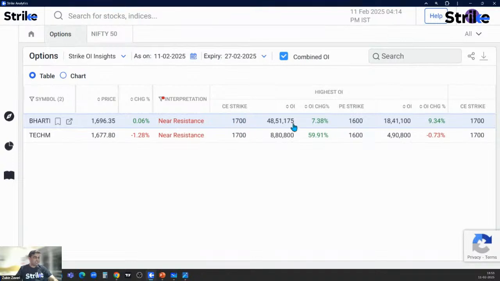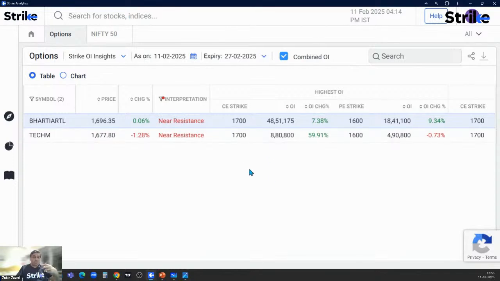Open interest today has changed on a higher side. So at the 1700 strike there are more contracts of this particular call option that are traded today.